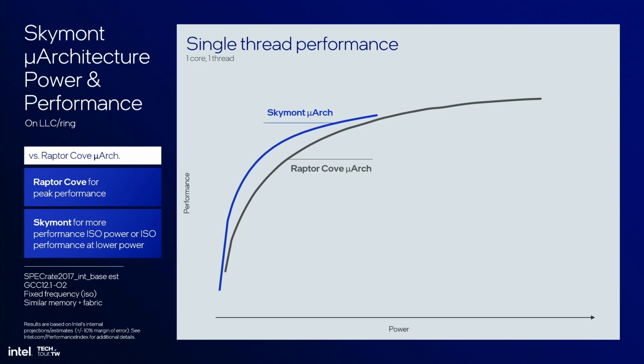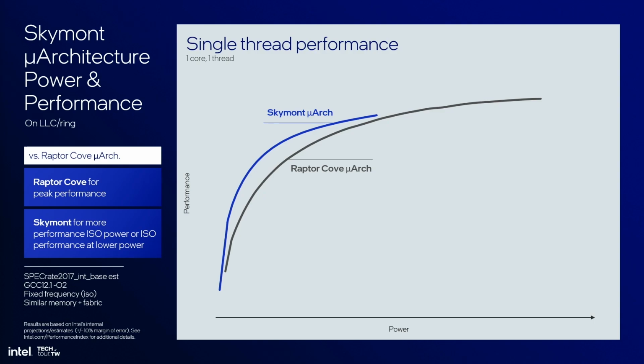This is the full peak power and perf curve between the two. This is SkyMont in the Lunar Lake process. That's Raptor Cove in Raptor Cove process. You can see the peak performance is higher. Again, you can scale to 6+ gigahertz.